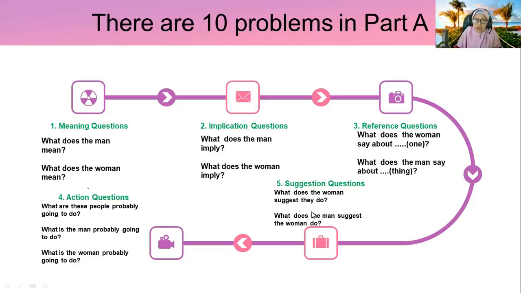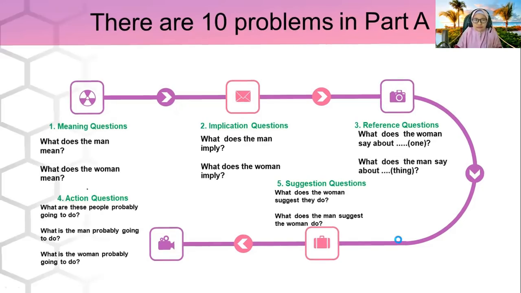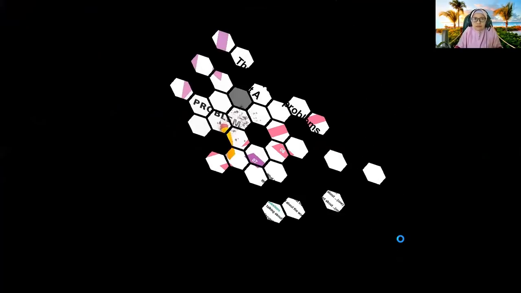The man and the woman can be in different places. It can be the man, it can be the woman, and vice versa. Okay, then the sixth problem.